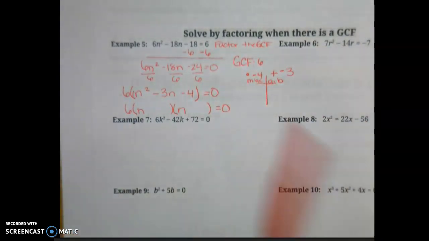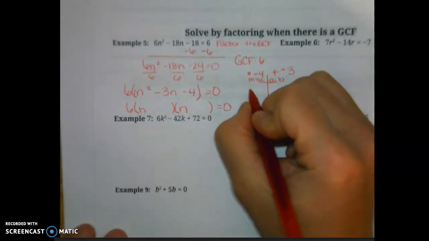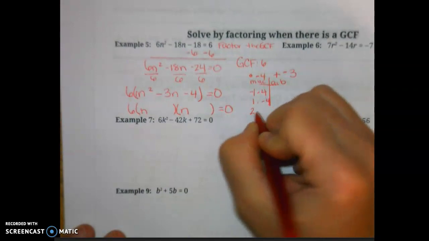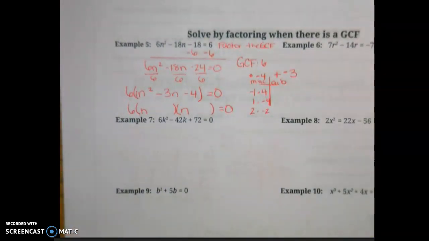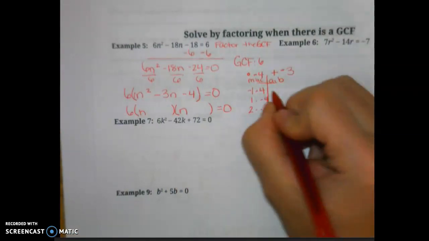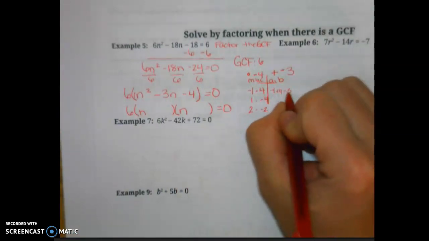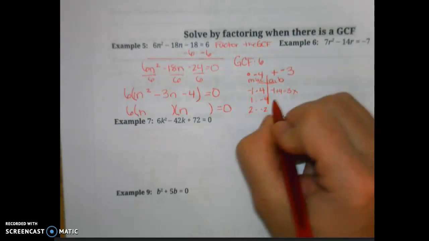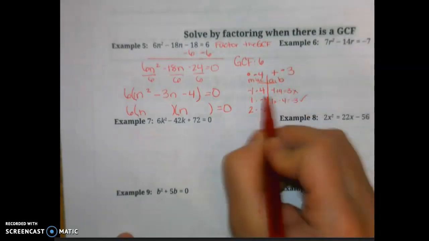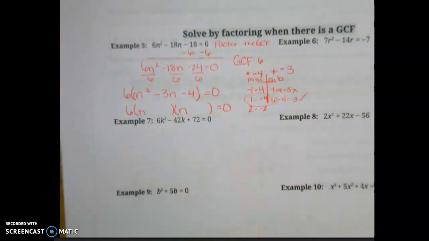So you think about your factors of negative 4. Negative 1 times 4, or 1 times negative 4, or 2 times negative 2 are really the only factor pairs I'm thinking of. So negative 1 plus 4 is equal to positive 3. That's no good. 1 plus negative 4 is negative 3. That's what I'm looking for. So my perfect pair is 1 and negative 4.